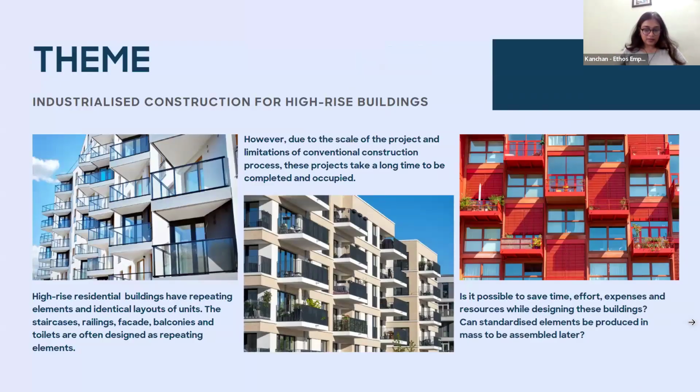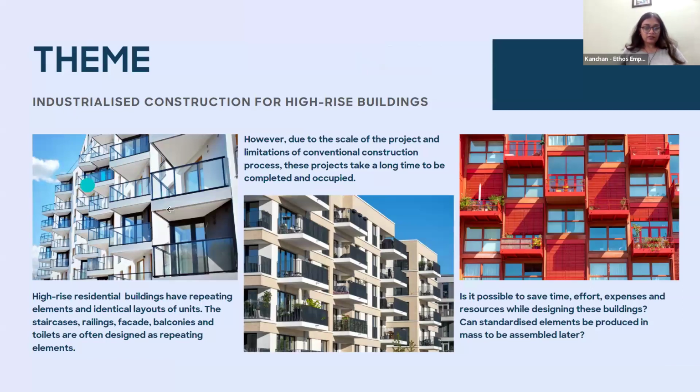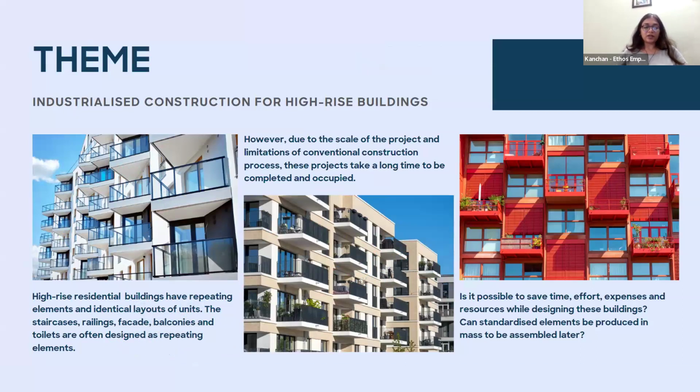Let's just understand it through some graphic help. What do you see here? You see a lot of repetition in all three of these images, right? So high-rise residential buildings in particular, they have many repeating elements like staircases, like the fire staircases, railings, facades, balconies, toilets.